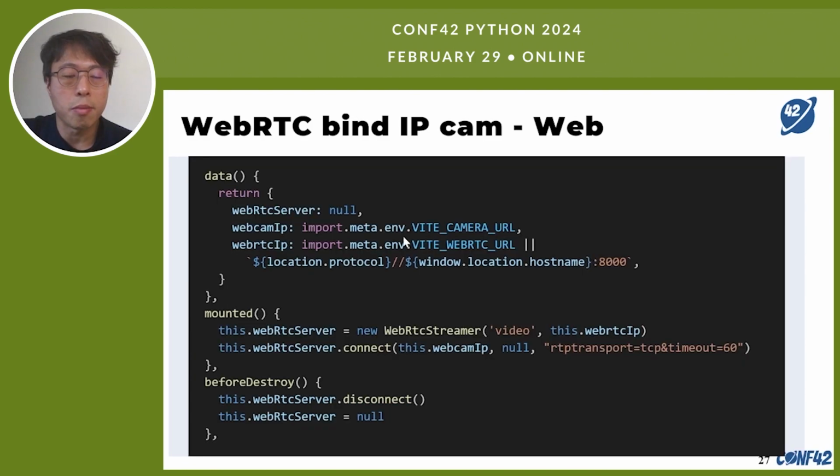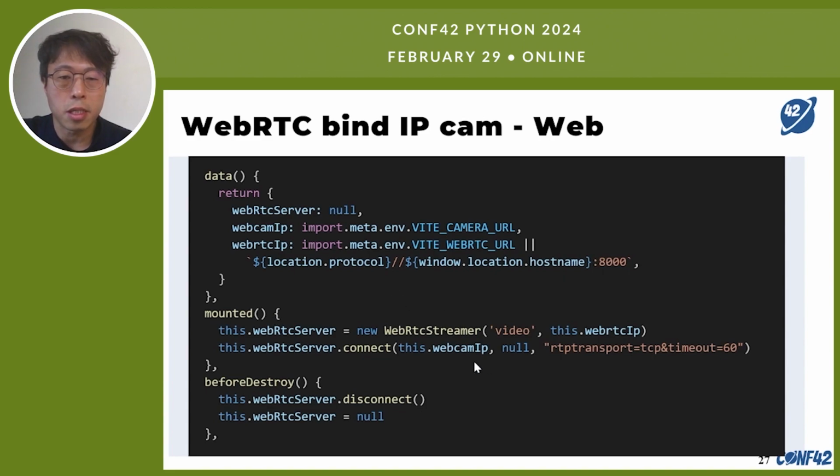Okay, let's see the program code of WebRTC, how to use it in our project. So there are two IP addresses we need to set up. One is the camera IP address, the RTSP protocol address to publish for outside services, and the other one is the RTC IP address, the local address for our service to connect to the physical IP camera.